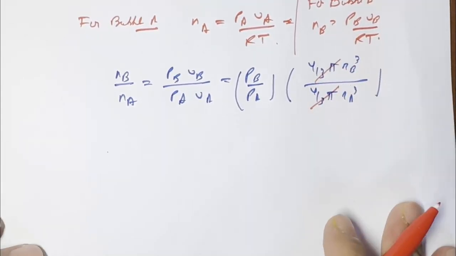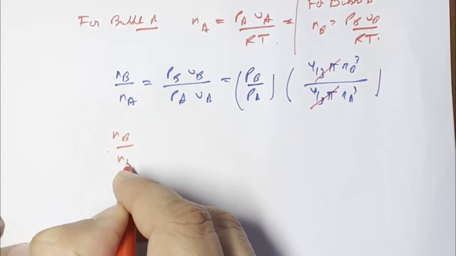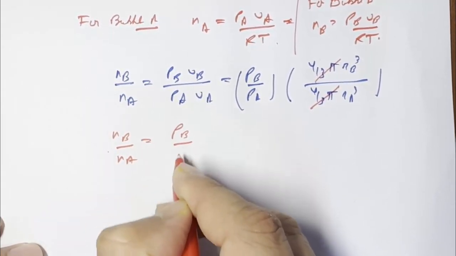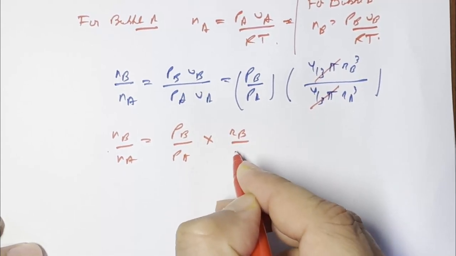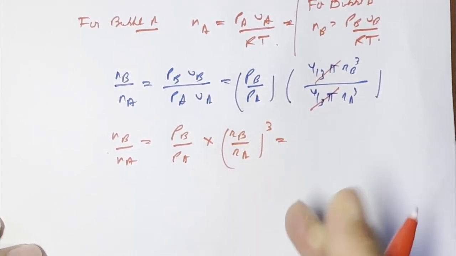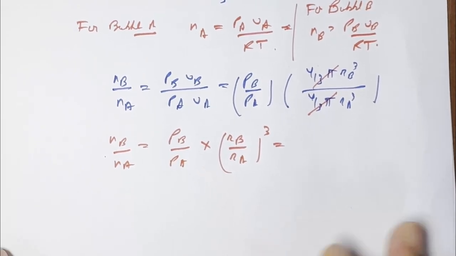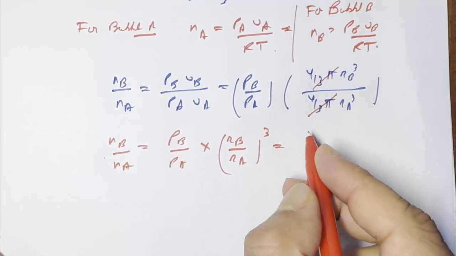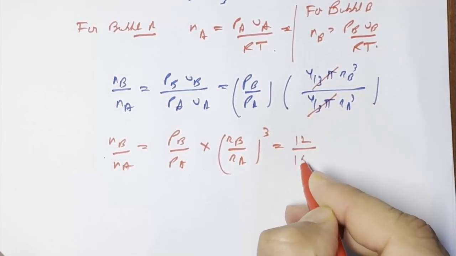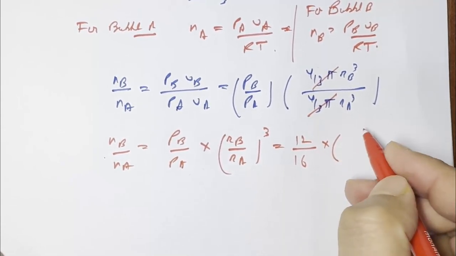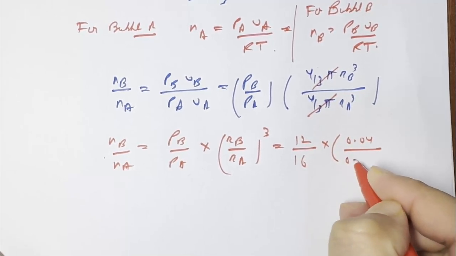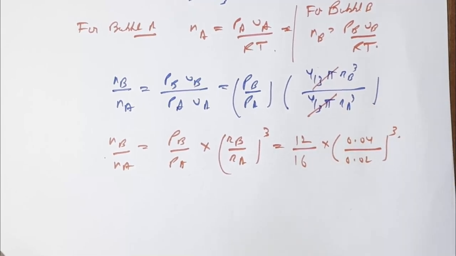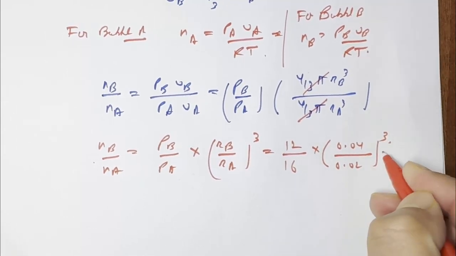These terms cancel out, so NB upon NA is equal to PB upon PA multiplied by RB upon RA whole cube. We simply substitute the values. PB we have 12, PA we have 16, radius of B is 0.04 and A is 0.02, whole cube, and this comes equal to 6.